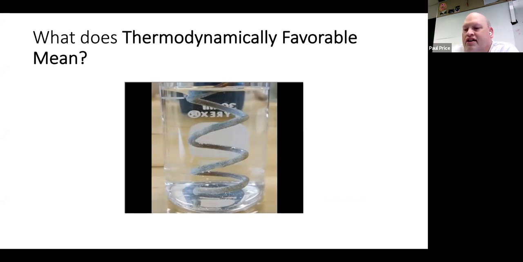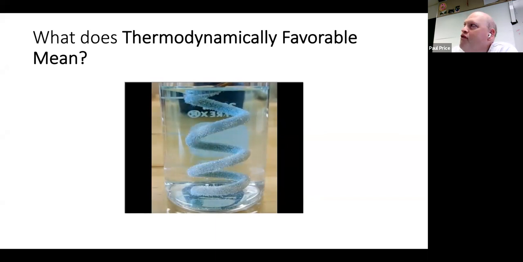And notice all they did is they put the copper wire in a solution of silver nitrate, and right away you see the formation of this gray fuzz, which is silver metal, onto the copper itself. So this leads us right away to really what we mean by thermodynamically favorable, which your teachers may have also used in older language, the word spontaneous, although we don't love that word as much anymore as thermodynamically favorable.